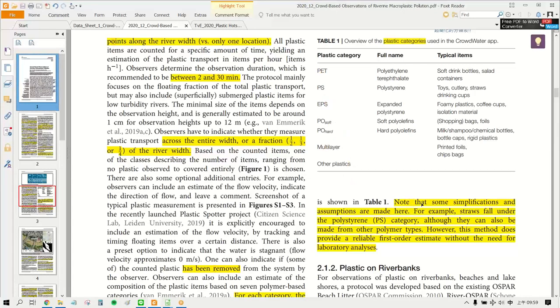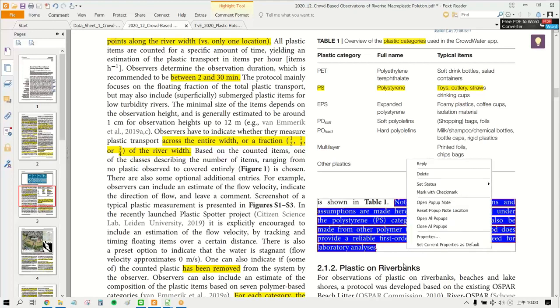But the author said that some simplification and assumptions are made here. For example, straws fall under the polystyrene category. Like here, the PS, polystyrene, they put a straw here. But as I know, most straws are made from polypropylene, not polystyrene. But they say, however, this method does provide a reliable first-order estimate without the need for laboratory analysis.